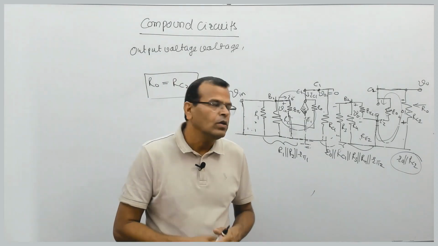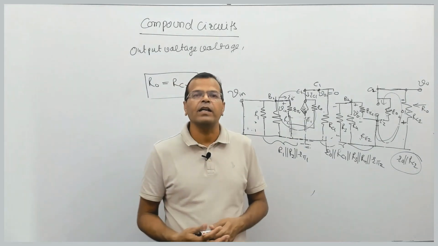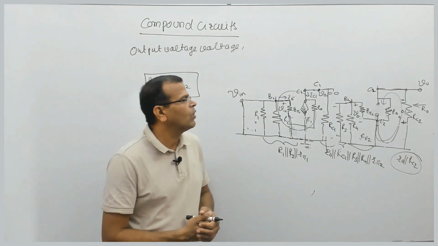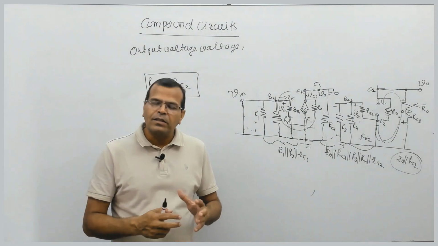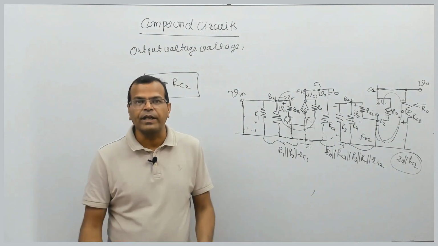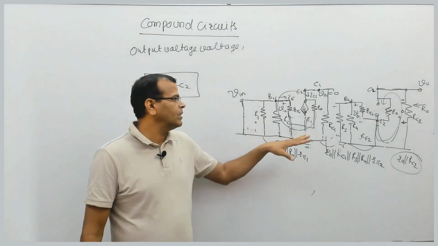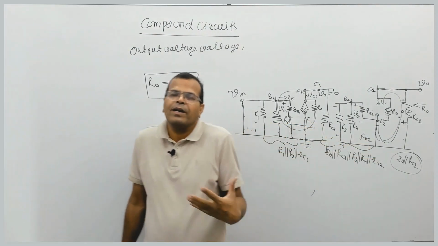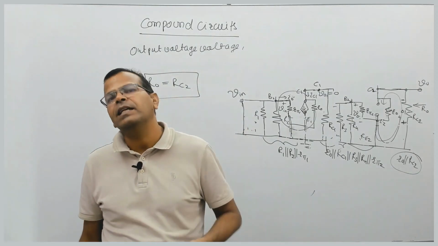Fine. So this is how you can go for mathematical analysis, although you can find current gain also, but most of the time we talk about voltage gain in the case of cascade connection. There is another circuit where we talk about current gain, not the voltage gain. That is the Darlington pair, the next circuit. But in most cases we talk about voltage gain in cascade connection.